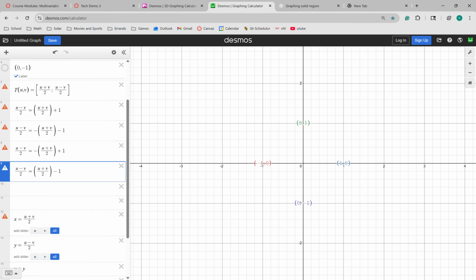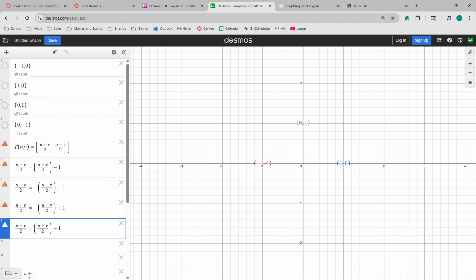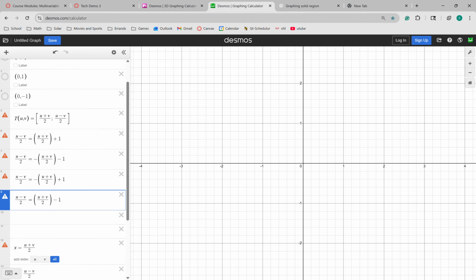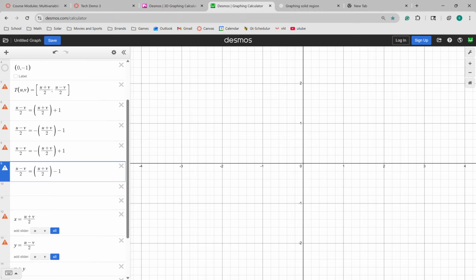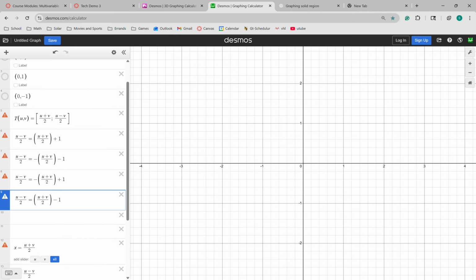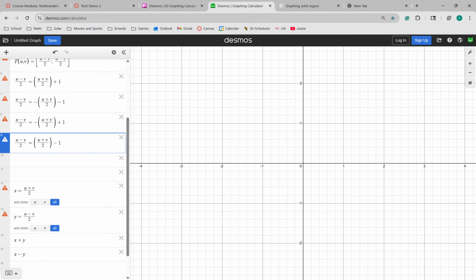Now we are trying to find the region and visualize this. We can do this by assuming that this plane in R2, instead of the x-axis, we can imagine the u-axis, and instead of the y-axis, we can imagine the v-axis. So still keep in mind that this function is in terms of u and v, but to visualize it, we will replace the u's and v's with x's and y's just to be able to see it.